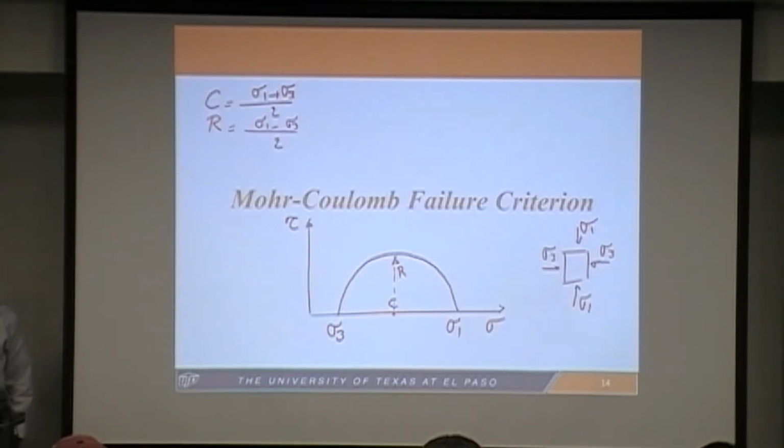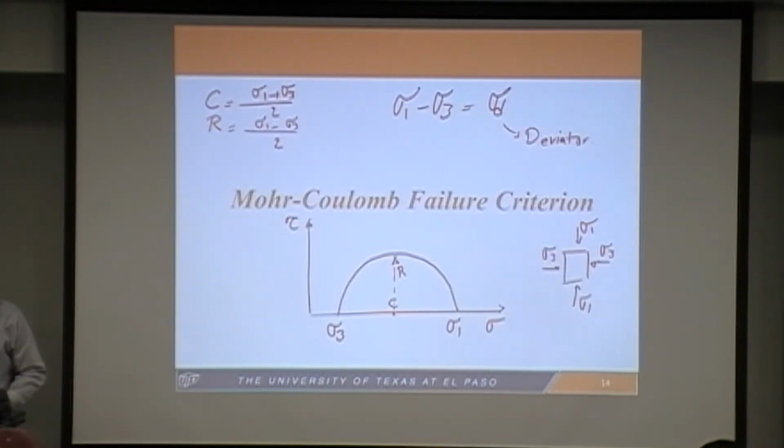Agree? In geotechnical engineering, we call sigma 1 minus sigma 3 sigma d, or deviatoric stress. Basically the deviation between the two stresses.